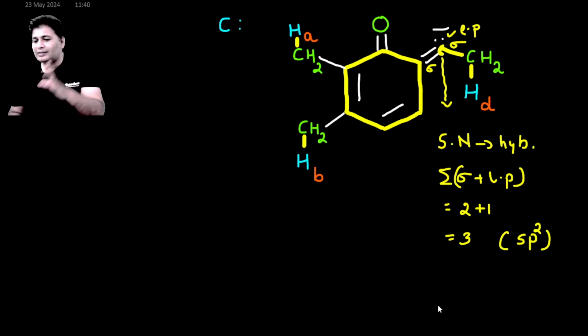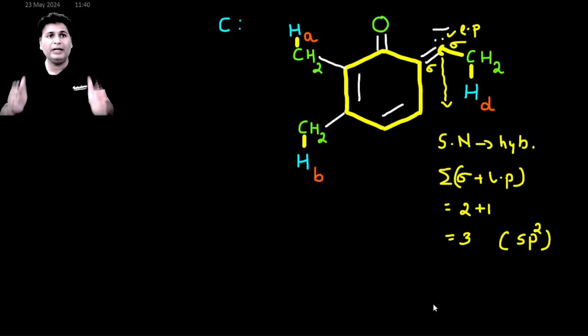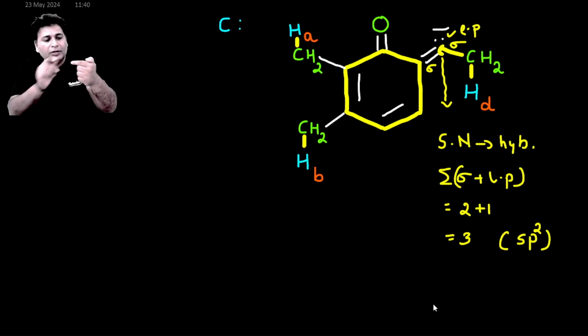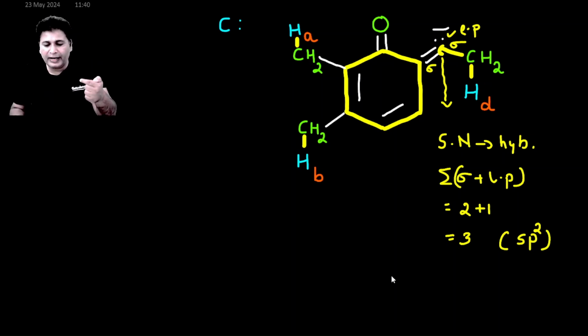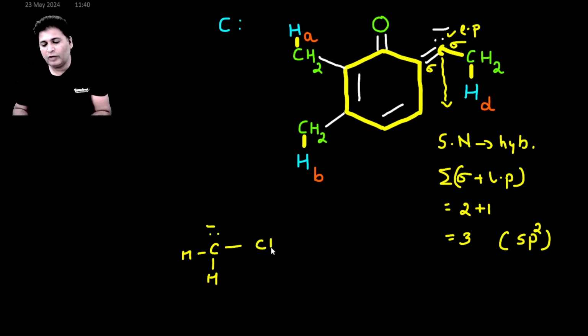Because you might come to a situation where you have to compare two carbanions, one with an sp3 hybridized carbon. For example, if you had a situation like this, CH2 negative charge CH3. Now this is the ethyl carbanion.